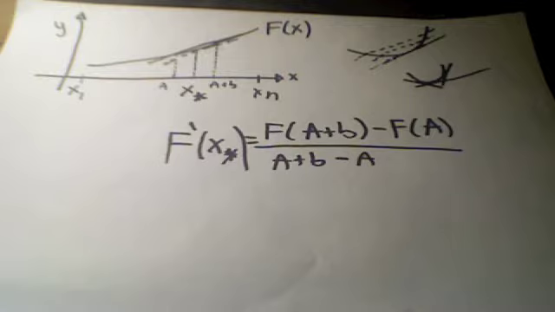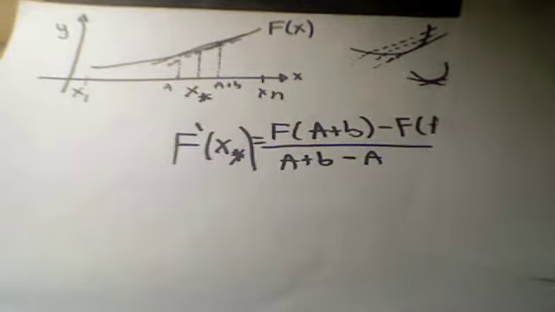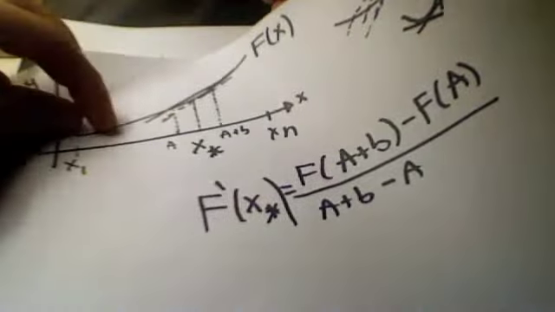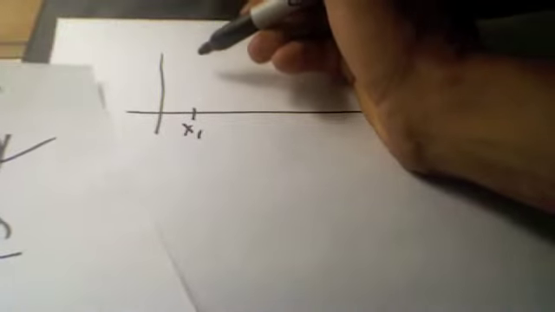Now I would like to graph f prime of x. Here is my axis, and this point on f of x, x1, so I'm going to start at x1 just like f of x does, and if you put x1 into f of x, you get this number.